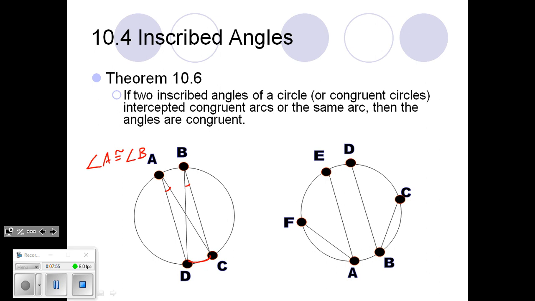And the same thing would go true if two arcs are congruent to each other. So if this arc EF is congruent to arc CD over here, well then we would know these two angles are congruent to each other also. So again, just going back to that relationship between the angle and its arc, we did a lot of angles on its opposite side in a triangle. Kind of works the same here with an arc.